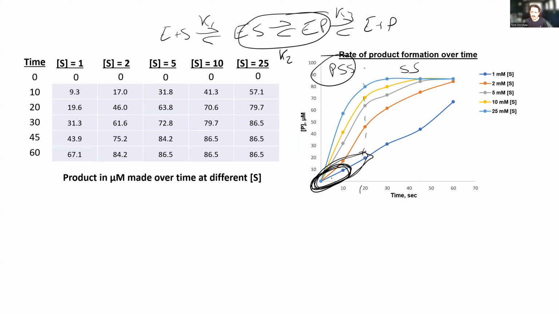So we can look at the individual slopes here and see that they're getting steeper, and slope is product over time, which is velocity. And since we're looking at the initial slope, we're looking at the initial velocity.